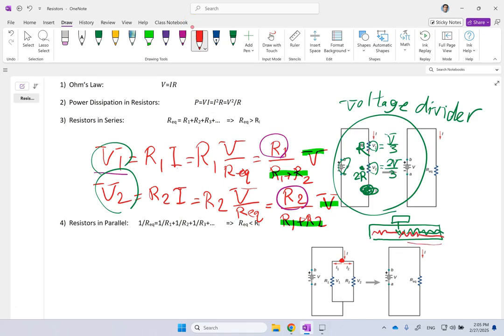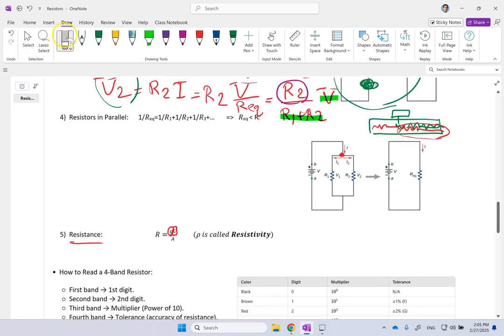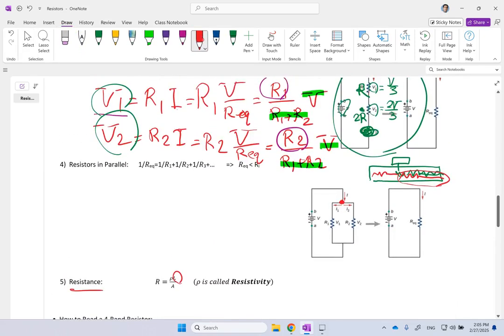Which one is bigger? The one that is longer, because we just learned that resistance depends on the length. So if you put it 1/3 in between, this guy is like 2R over 3, this is like R over 3. So this portion takes 1/3 of the voltage, this portion takes 2/3 of the voltage. Do you see that?